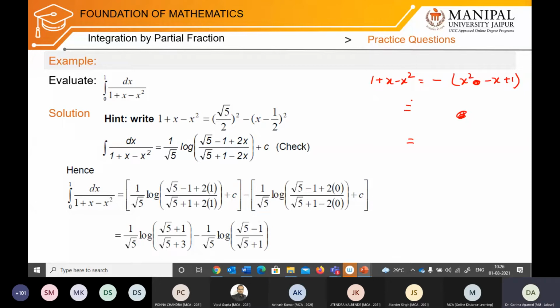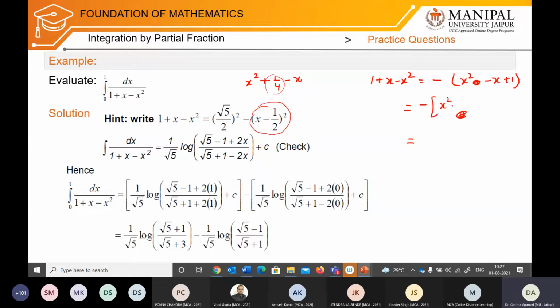we'll split this form. If we solve this whole square, what will we get? x square plus 1 by 4 minus x, right? That means we need to add and subtract this 1 by 4.